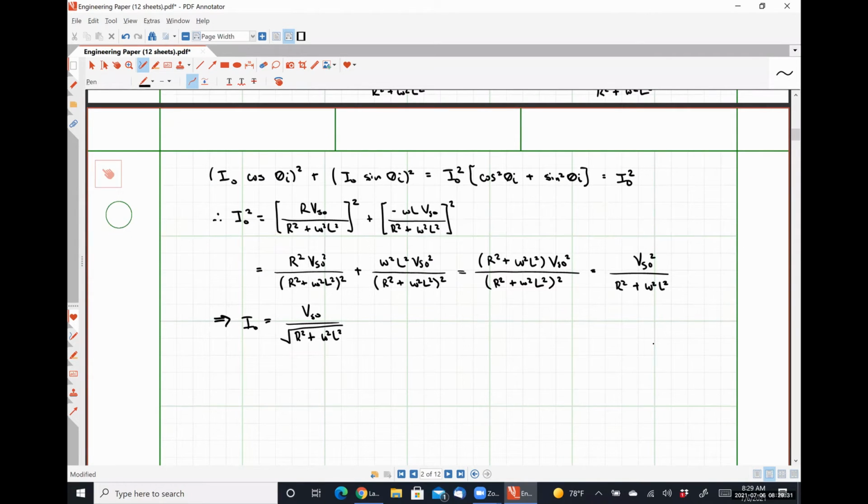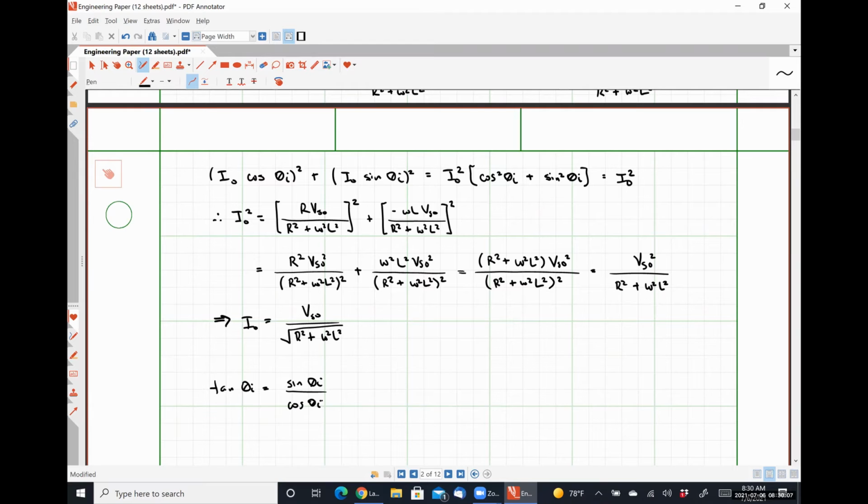So we know what our magnitude is related to the parameters of the circuit: frequency, value of the resistor, value of the inductor, amplitude of the voltage. Now let's talk about how we get our phase angle. Well, by definition, the tangent of theta I will be the sine of theta I divided by the cosine of theta I, right?